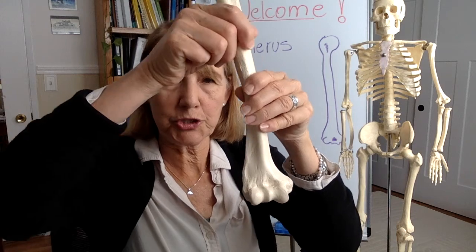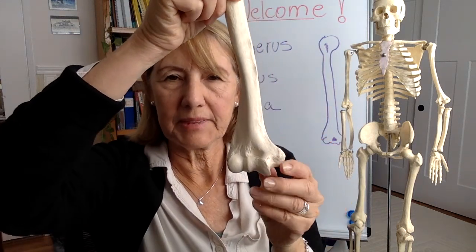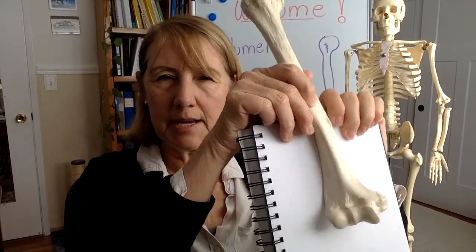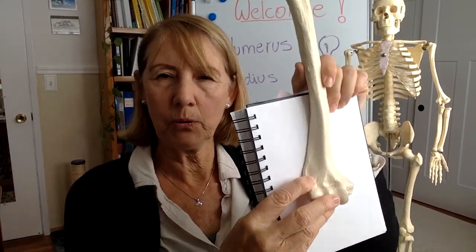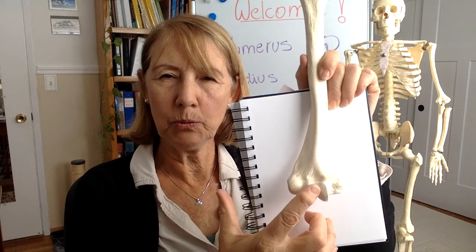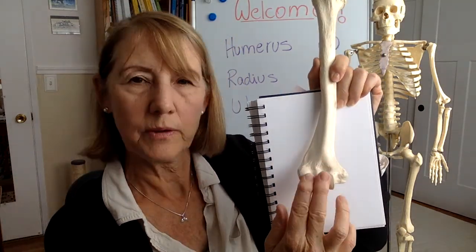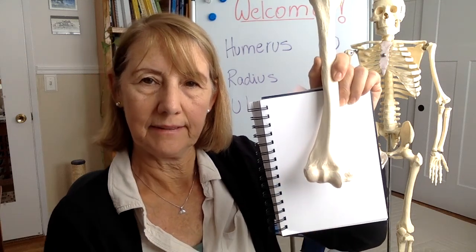The first thing I want to show you down at the bottom here is what is a condyle. So a condyle is the region of the bone. Let me put this behind some paper. So a condyle is a region of the bone that is smooth. Do you notice this area is very smooth here because that's where the other bone is going to form a joint.